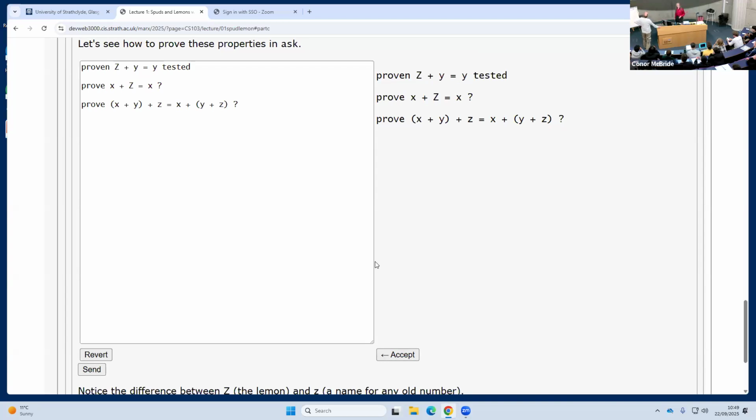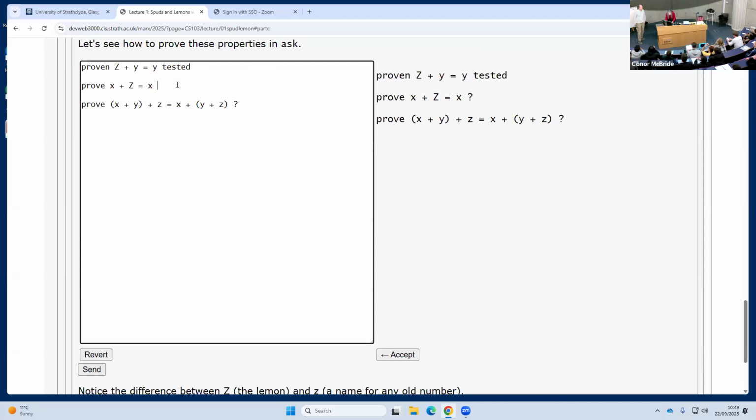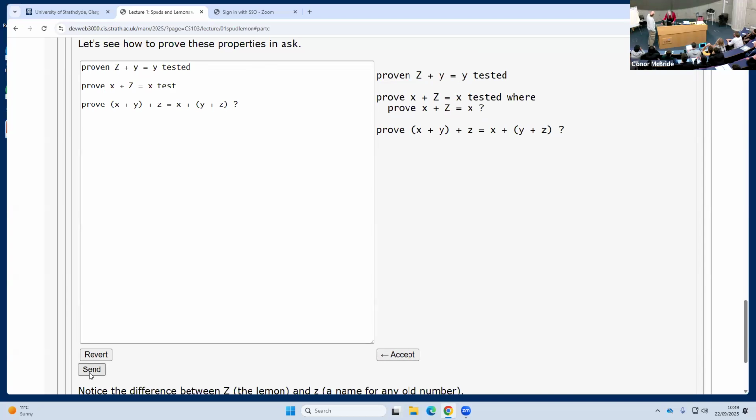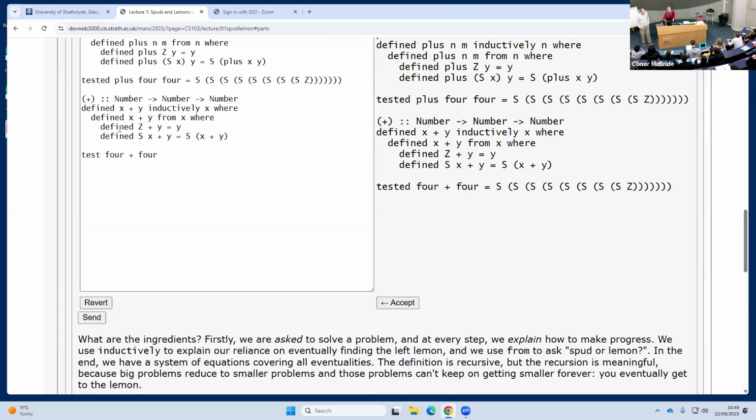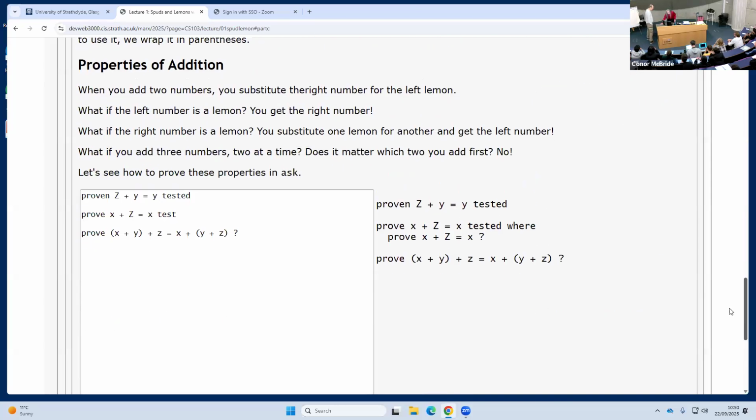However, the other equation, if I try testing that, I don't get anywhere. If you look at the defining equations of plus, to make any computational progress, I need to know whether the first input is 0 or a successor.